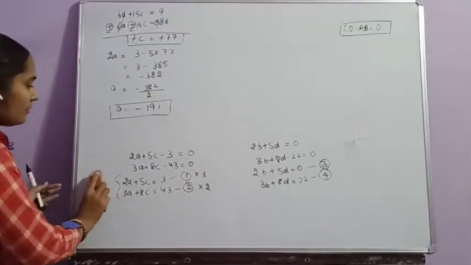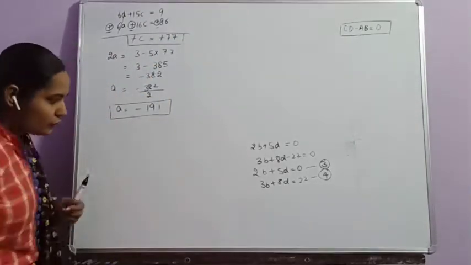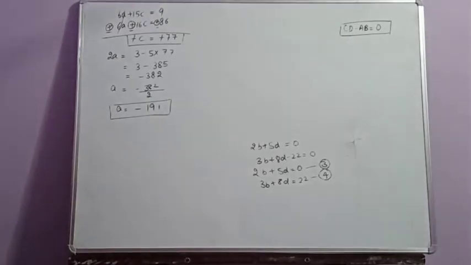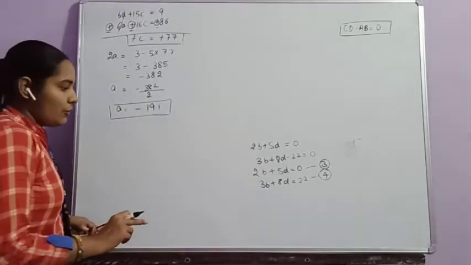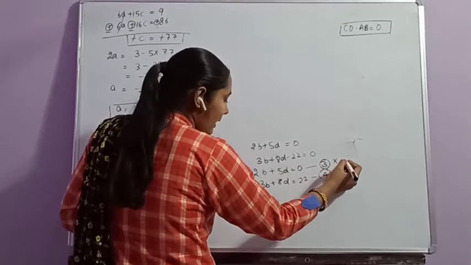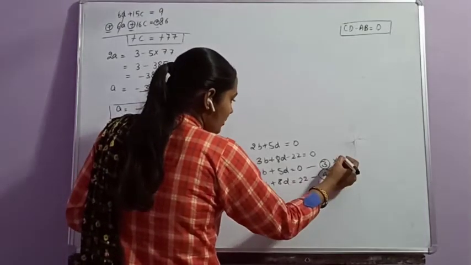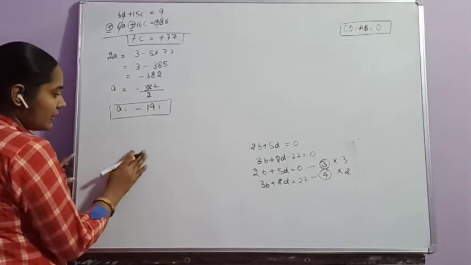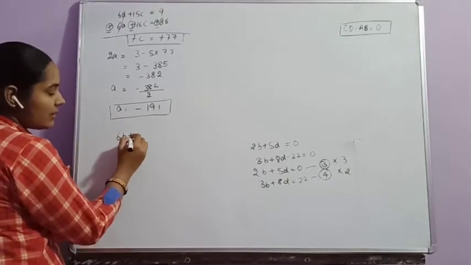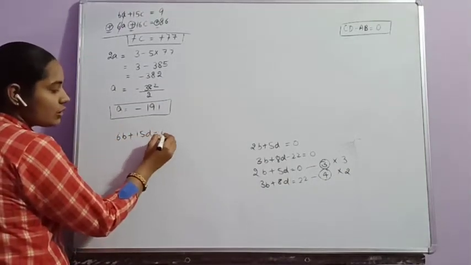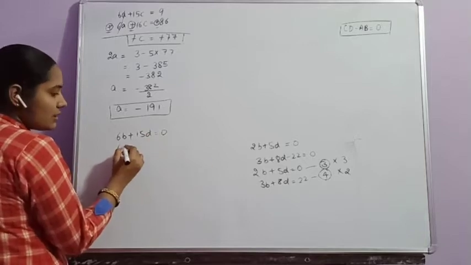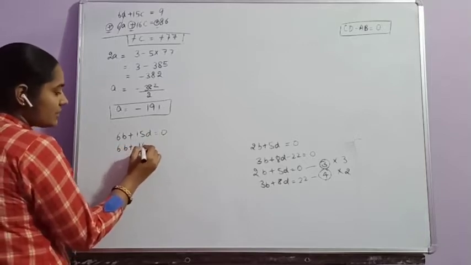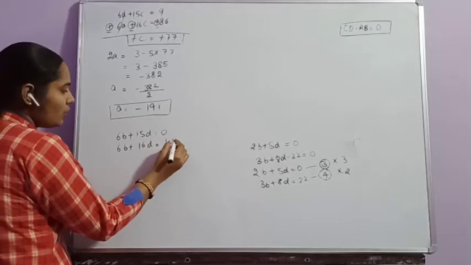Now we solve equations 3 and 4. Similarly, if we multiply equation 3 by 3 and 4 by 2 and then subtract them, then the third equation will be 6b plus 15d equals 0. Next is 6b plus 16d equals 44.